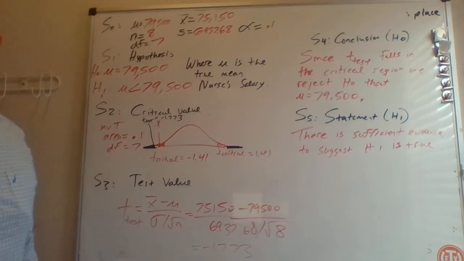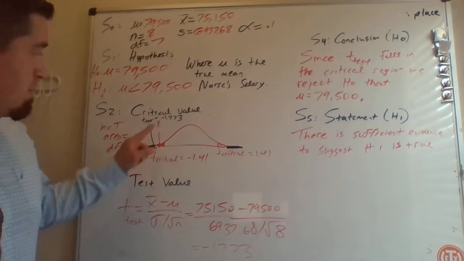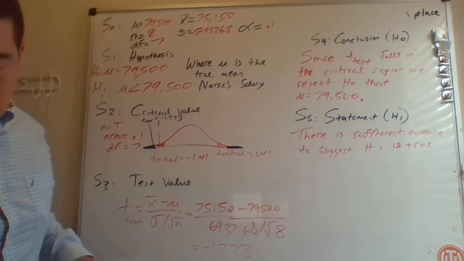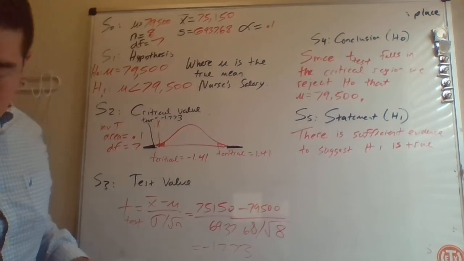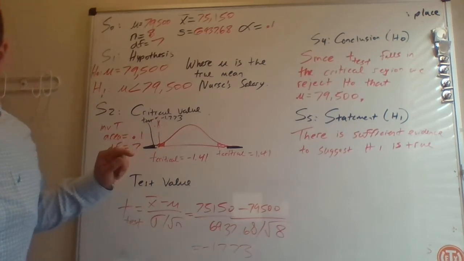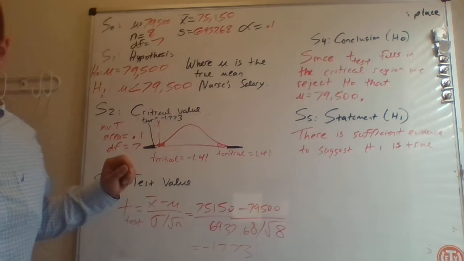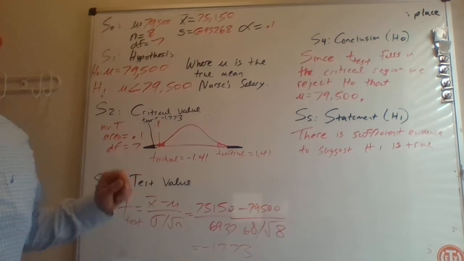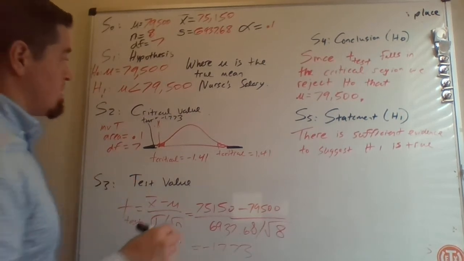So TCDF, negative infinity to negative 1.773, and 73 degrees of freedom you have to input on TCDF that you don't have to on normal CDF, and I end up with 0.0597.